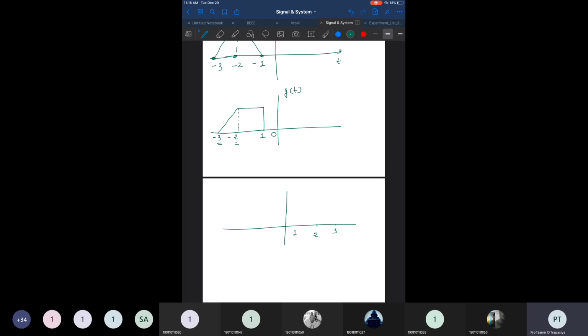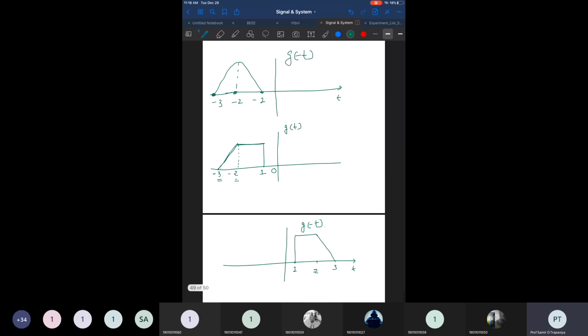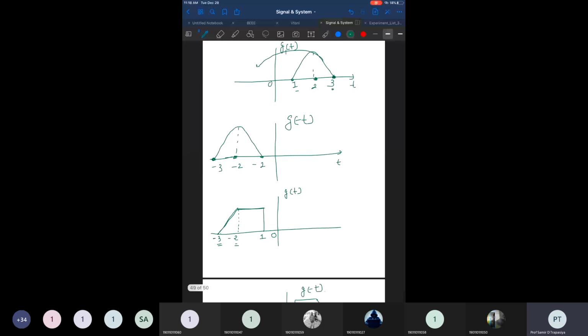So the slope from -3 to -2 now goes from 3 to 2, and the segment from -2 to -1 we get here. So this one is an example of g of -t. I think that is sufficient for you to understand.